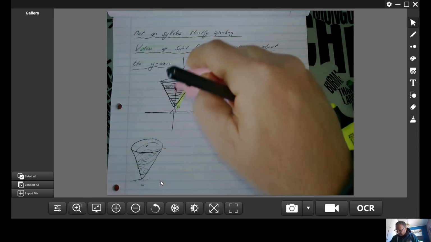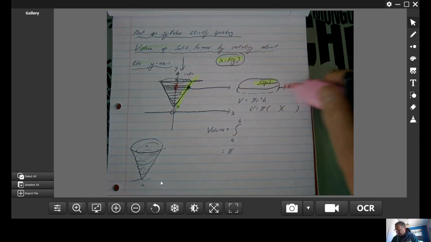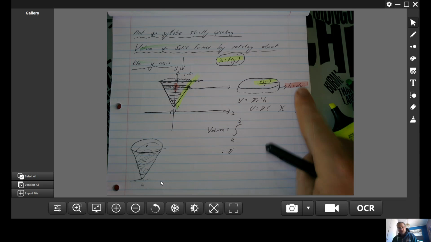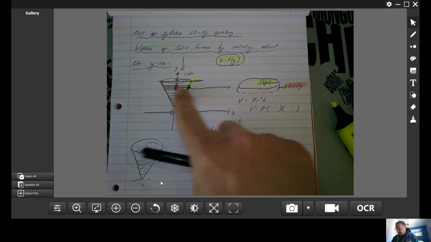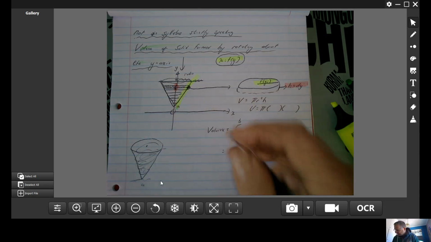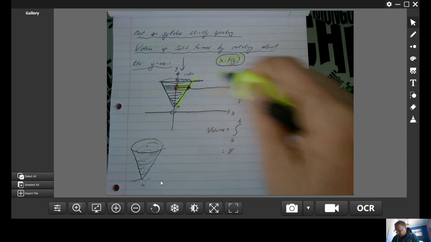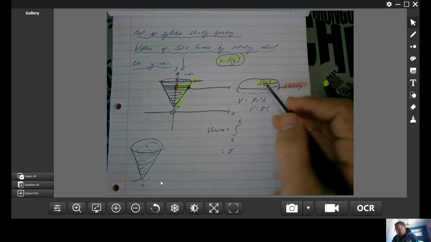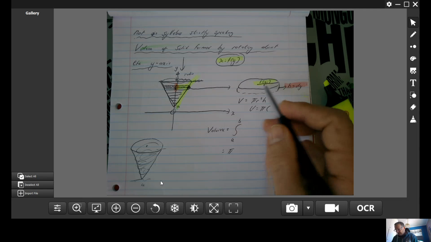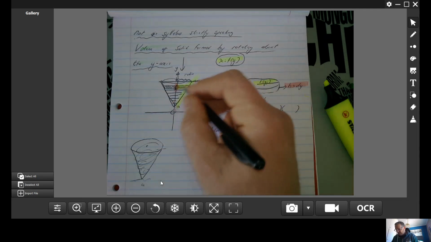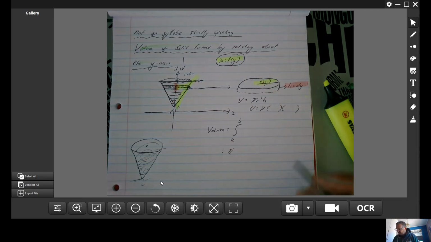That would be the height of each disk, so your height would be equal to dy, which just means a very small change of y. And your radius would be that distance across over there, which would be f of yi, in other words your x coordinate, how far you moved across. That would be the radius of each single disk.